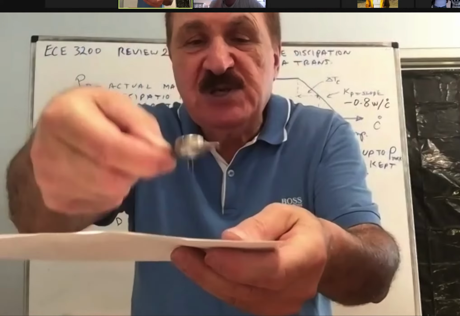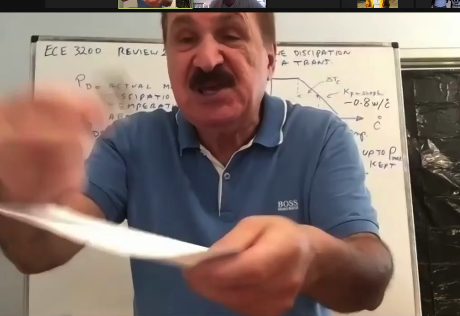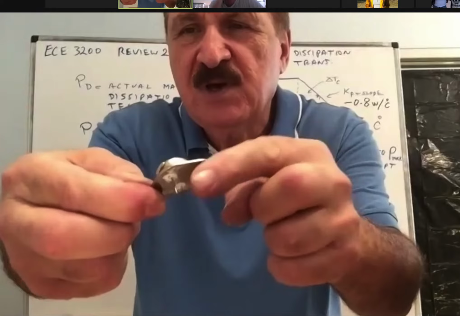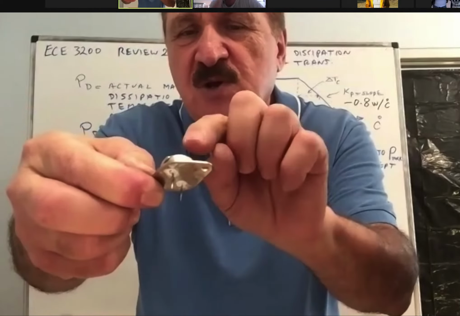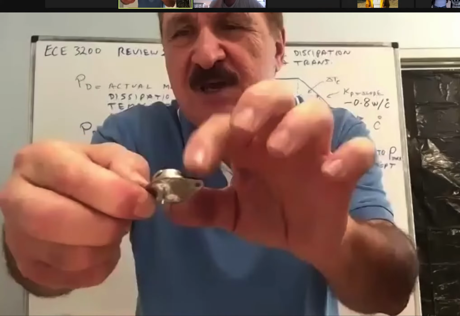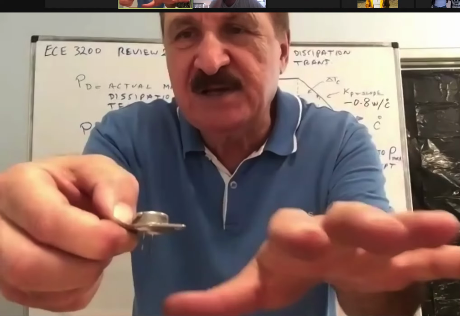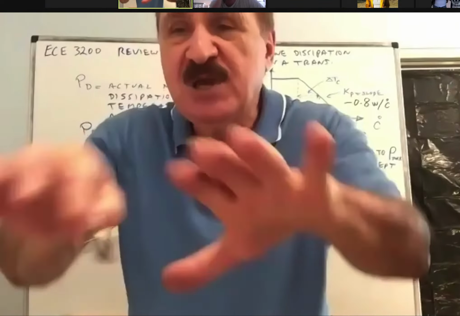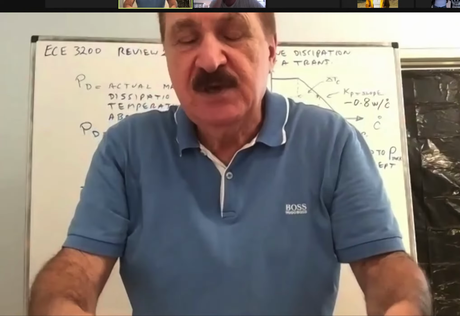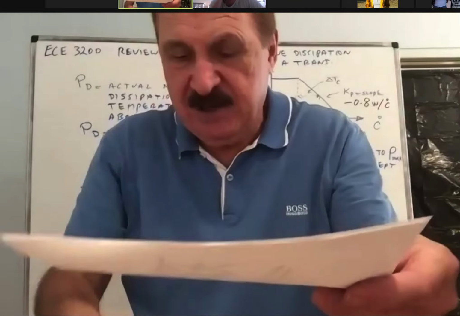So you've got to install this so that the heat of joules per second fed into the transistor junction will transfer to the case, to the metal, and the metal will transfer to the air. Such a base metal is called a heat sink.